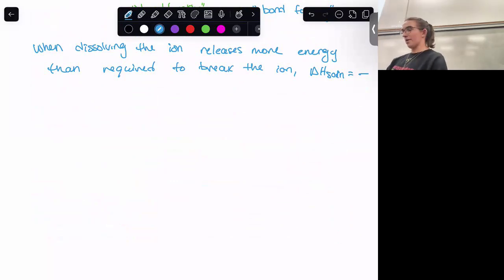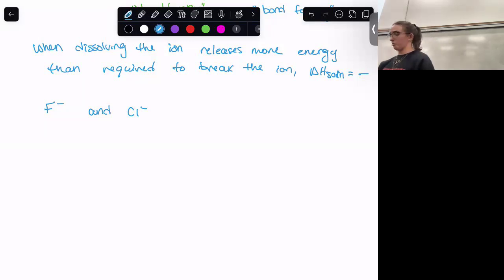So if we have fluorine minus and chlorine minus, which one is going to have a more negative delta H of solution? Why?